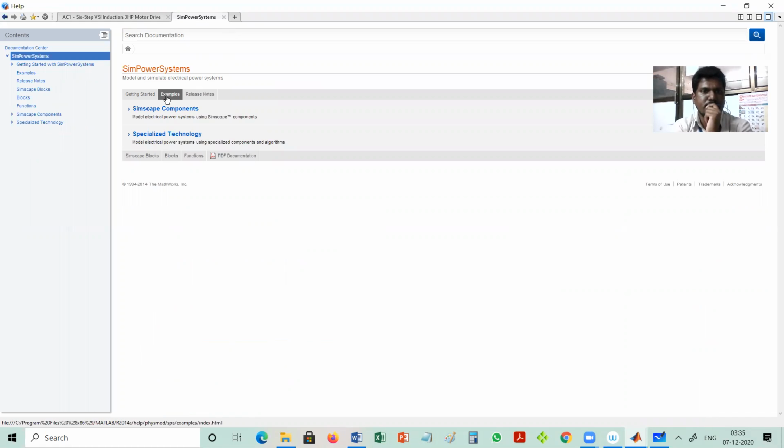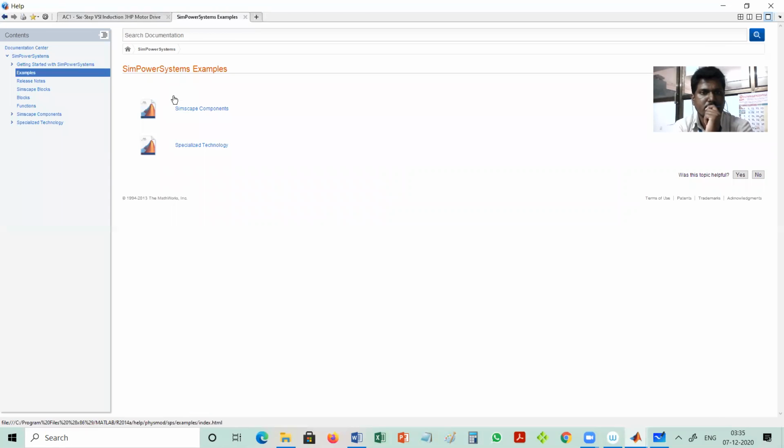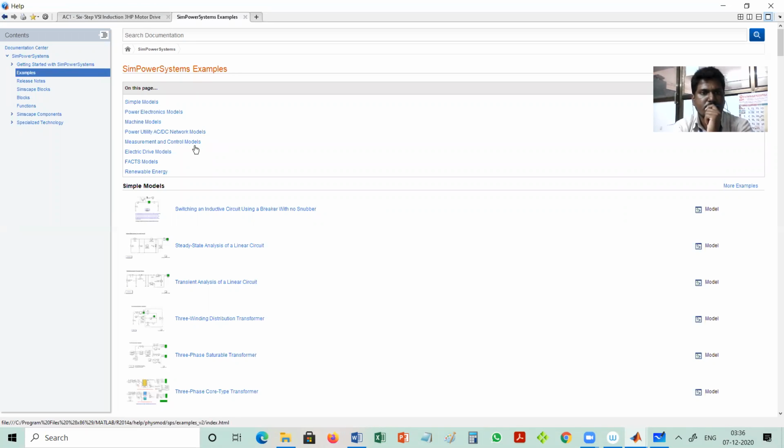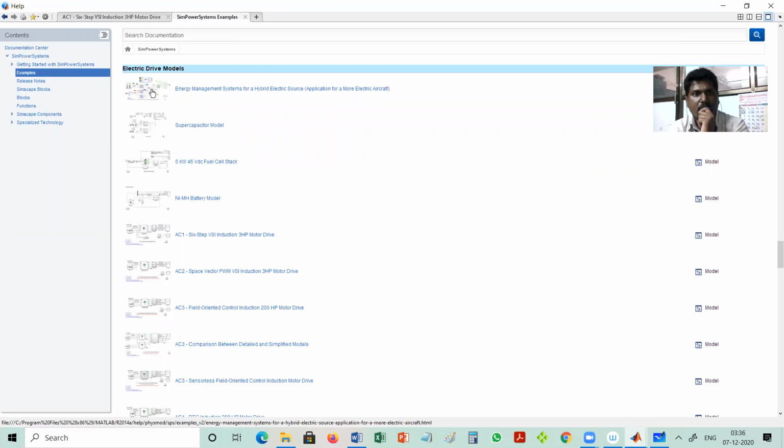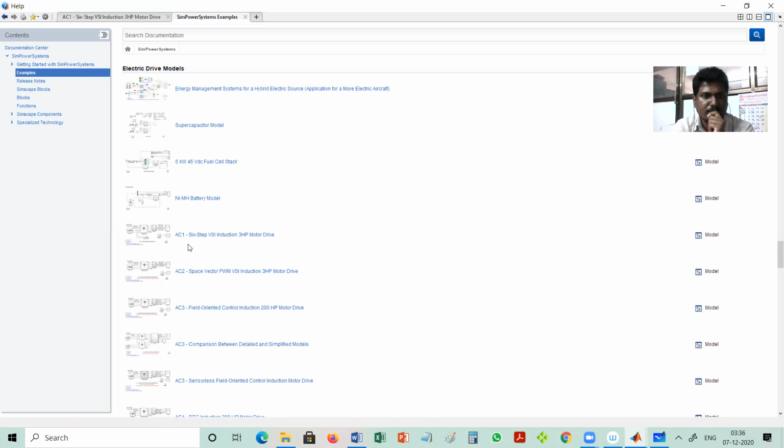Then click on Examples. There will be two options: Simscape components and specialized technology. Click on specialized technology. A number of options will be there. Out of that, click on Electric Drive Models. Under electric drive models, select the example named AC1 6-step VSI induction 3 HP motor drive.